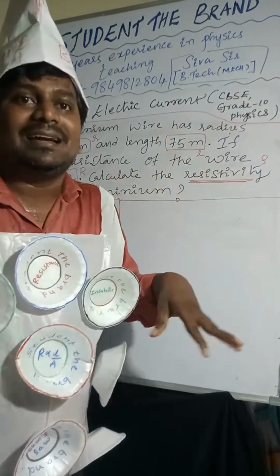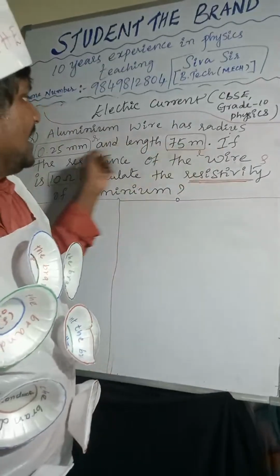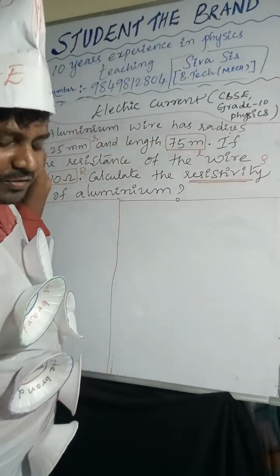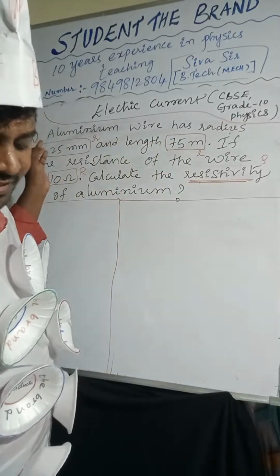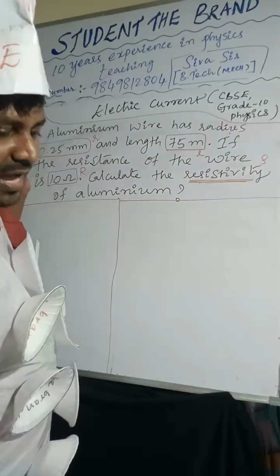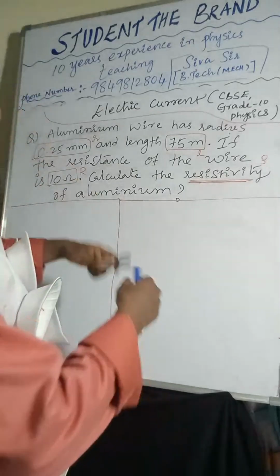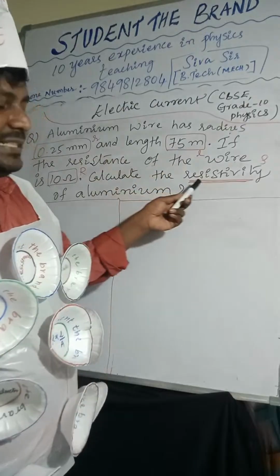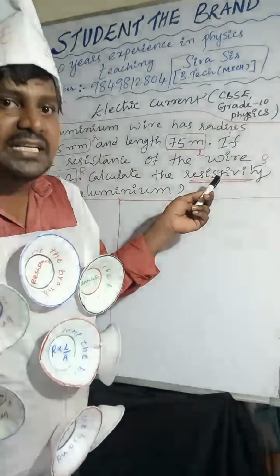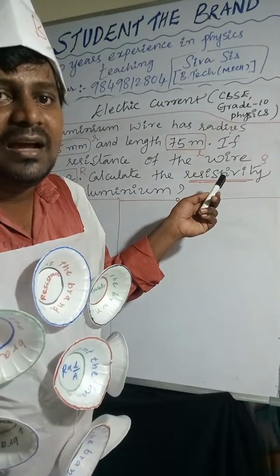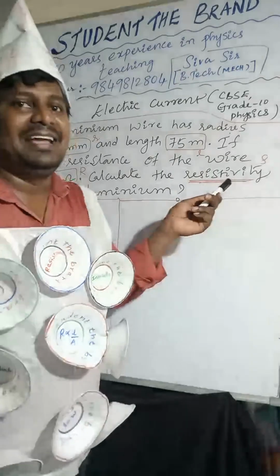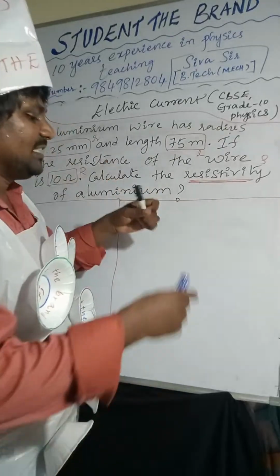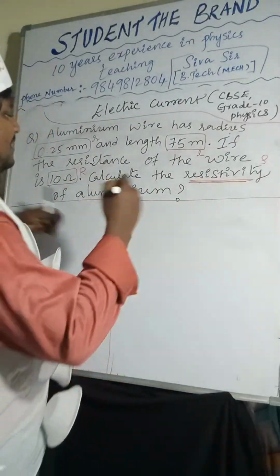Here the radius is given, the length is given, and they are asking us to find out the resistivity. First write the given data.